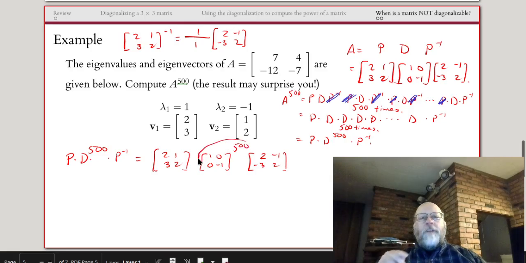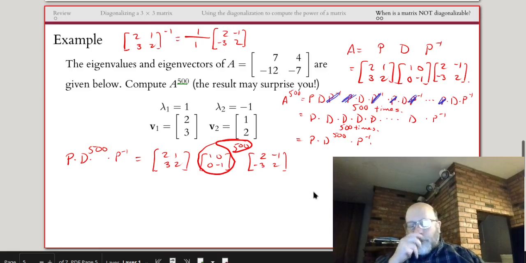But this matrix here, when we raise it to the 500 power, we can solve this problem without having to multiply this out.